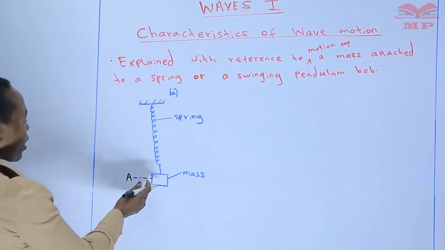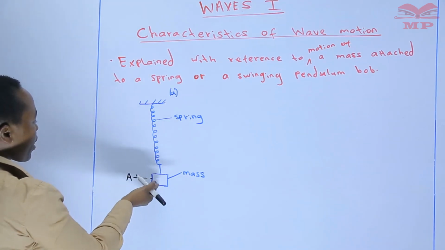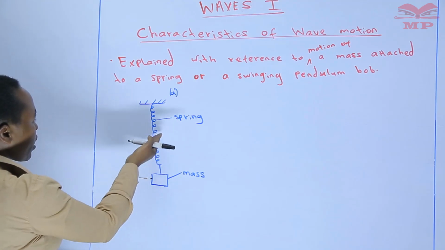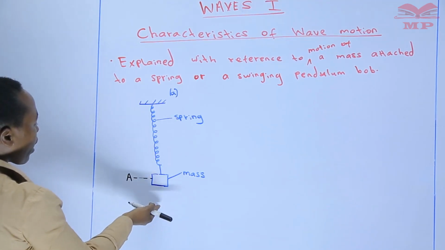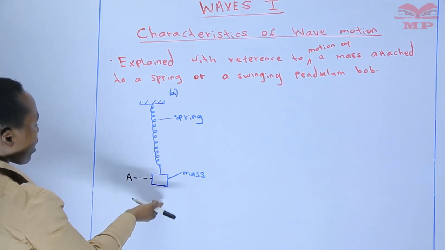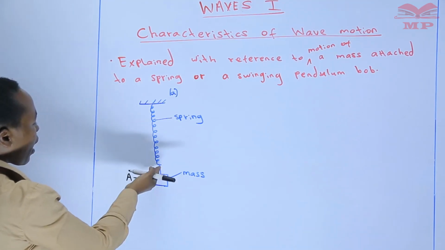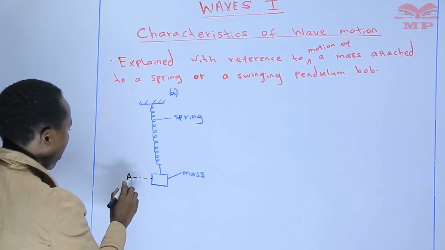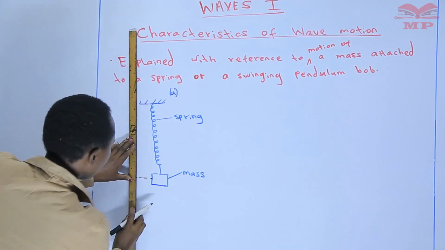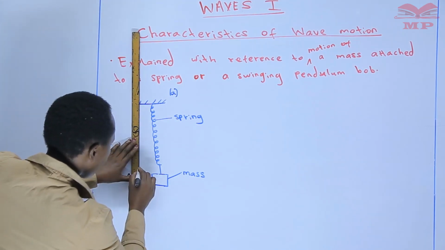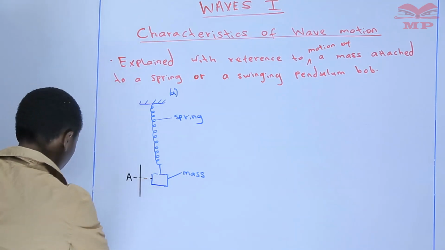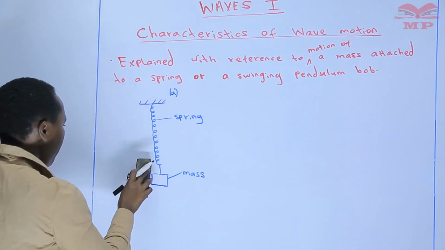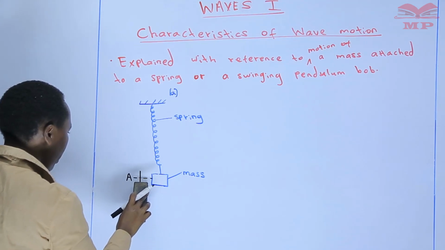So when it is given some vertical displacement, it will swing in this manner. It moves from here up, back again here, and that's how it will be swinging up, down, up, down. So if we have our A here, this is how it swings from the mean position up, then down.